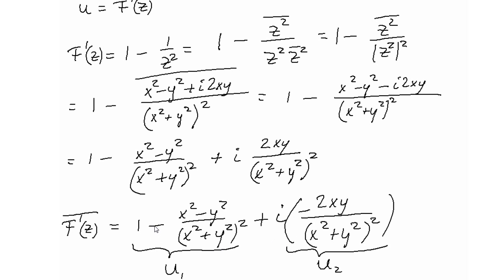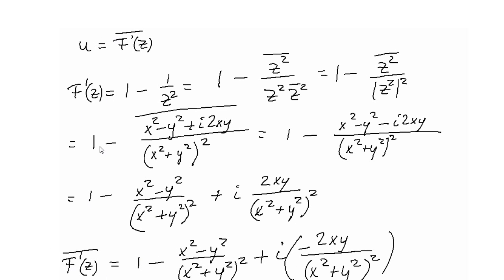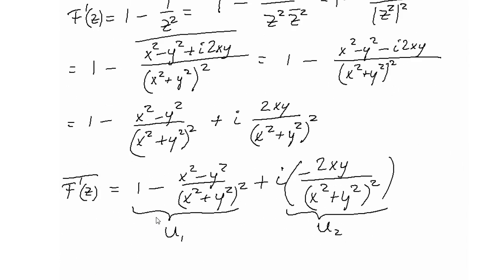And since this is equal to the velocity u, we know that the real part must be equal to u1, the x component of the velocity vector, and here we have u2, the y component of the velocity vector.